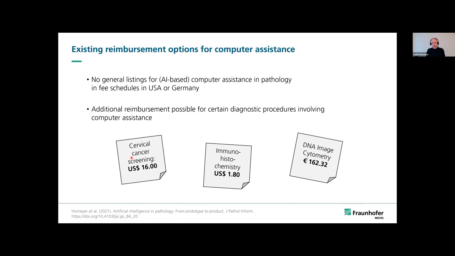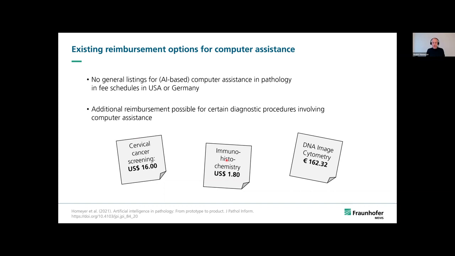The amount reimbursable is between $6 and $16 per case, and the reason is that the value of computer assistance is thought to lie in reducing screening errors and increasing sensitivity. Also in the USA, it is possible to obtain reimbursement for using computer assistance in the assessment of immunohistochemistry biomarkers like ER, PR, PD-L1, Ki67, or HER2.